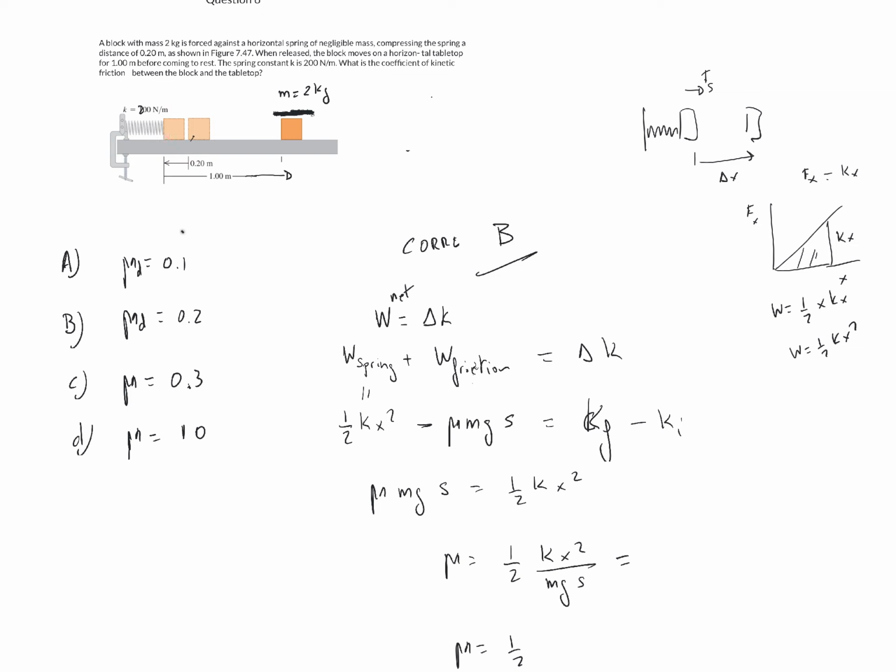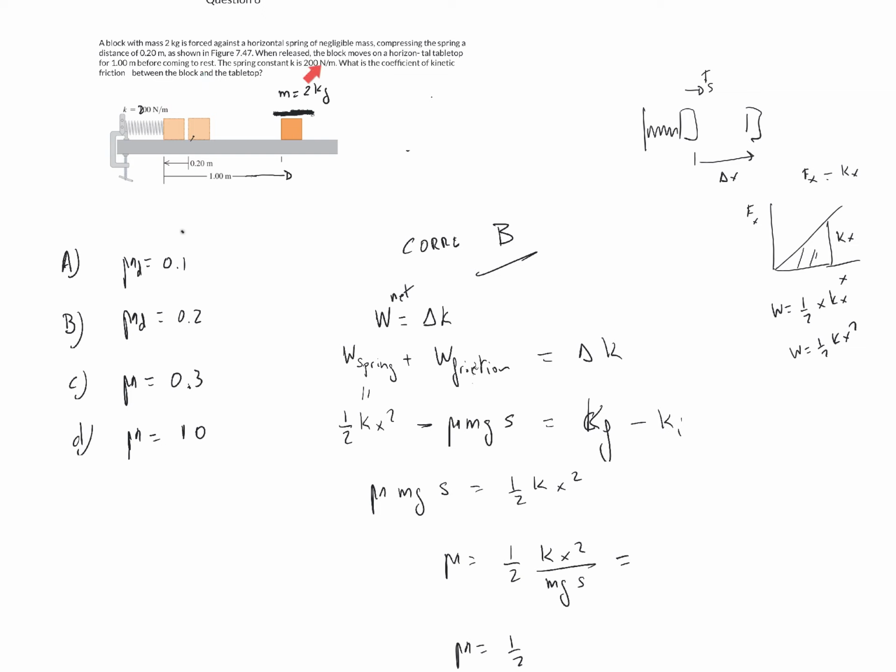You release the spring when it is compressed 0.20 meters. You release the mass on a friction surface. So what it's asking is, when released, the block moves on a horizontal table 1 meter. So it moves 1 meter until it stops, until it comes to rest.